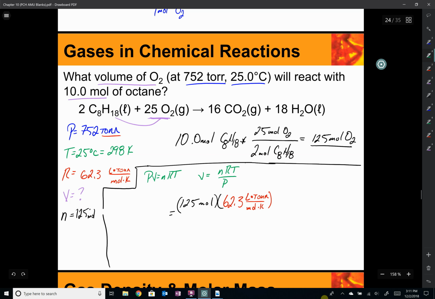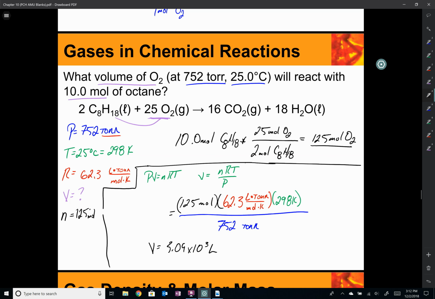Temperature, 298 Kelvin, divided by pressure in blue, 752 torr. If we do this, volume then is equal to, I got 3.09 times 10 to the third liters. So basically 3,000 liters there. 3,090 is what we could say.